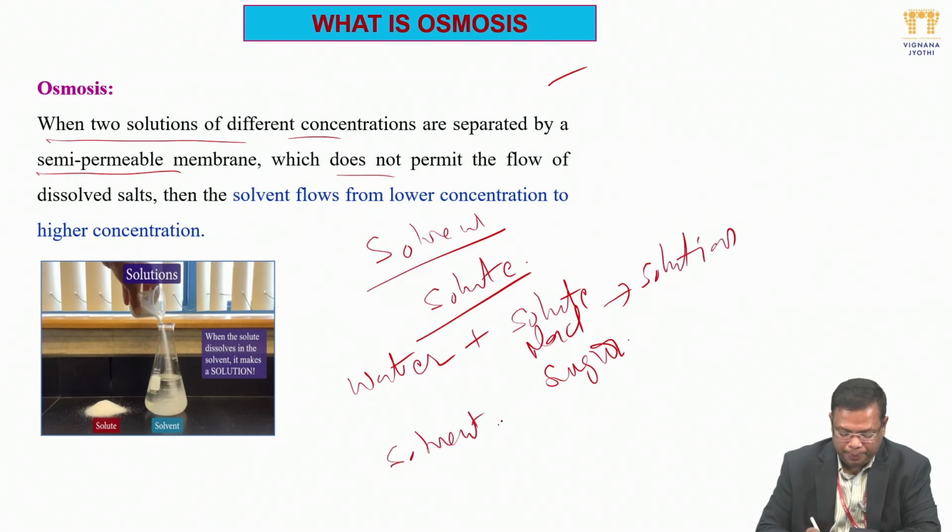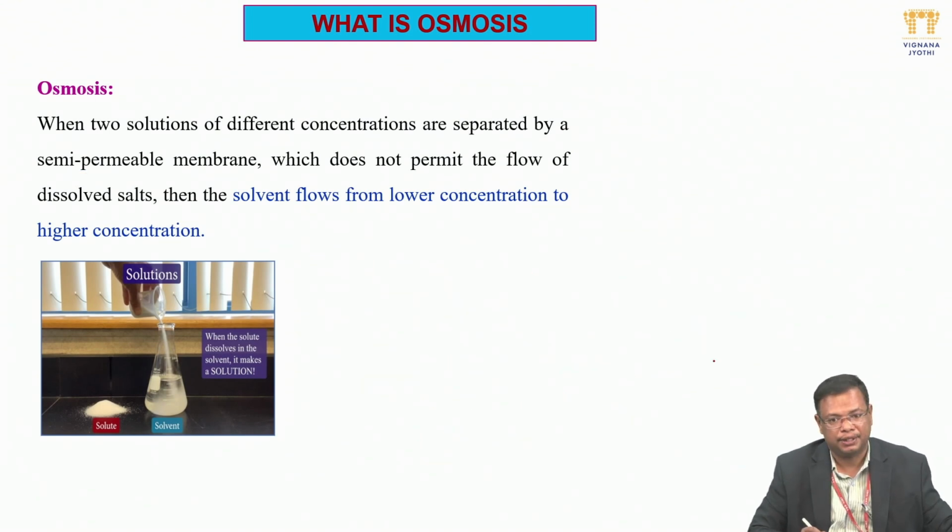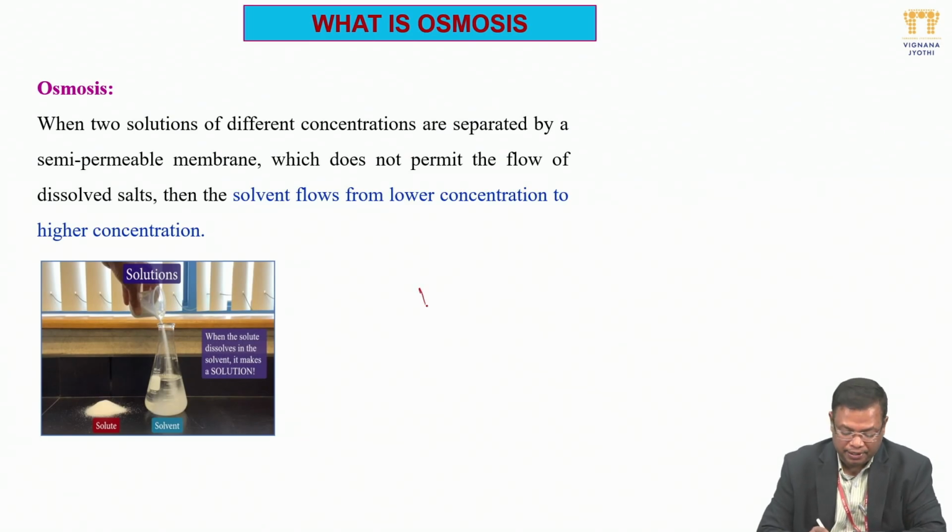Solvent plus solute gives rise to solution. So, this is what a solution is. When you come to know the definitions of solution, solvent and solute, only then can we understand osmosis.